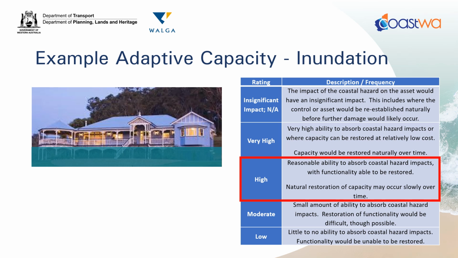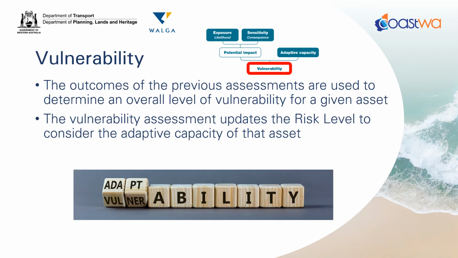So when we've got this adaptive capacity, it then allows us to make our assessment of what the overall vulnerability is for the assets. As I've just said, we're going to combine the potential impact or our level of risk with the adaptive capacity to give us a vulnerability rating for each asset.